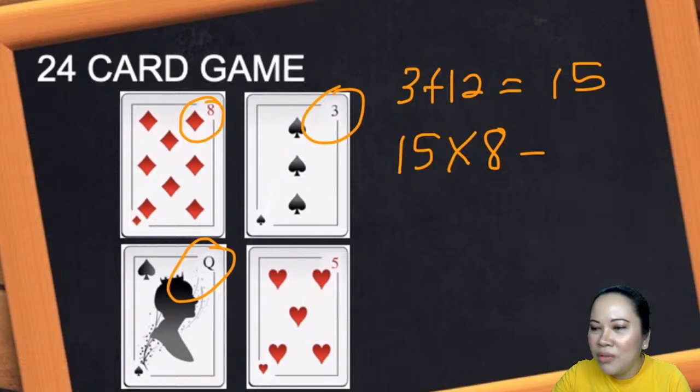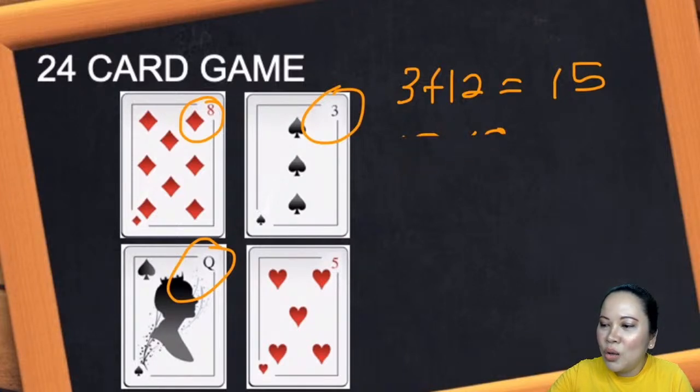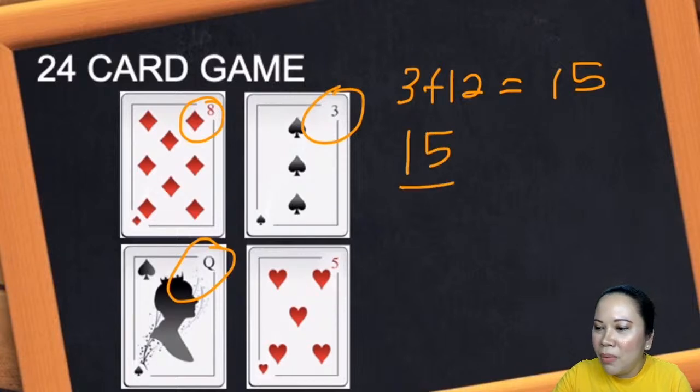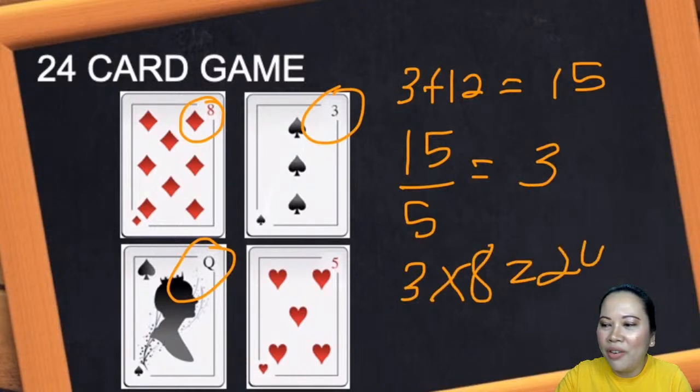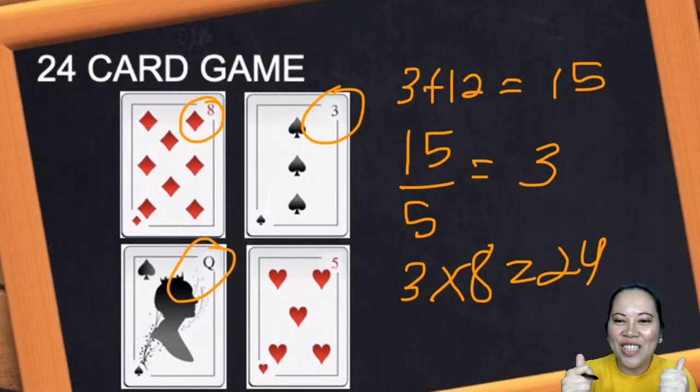Why do you have to divide? Okay, then it's too complicated, Bowen. Let's just divide 15 by 5. That's 3. 3 times 8 is 24. Well done, Bowen. Once again, Bowen answered it. Congratulations, Bowen.